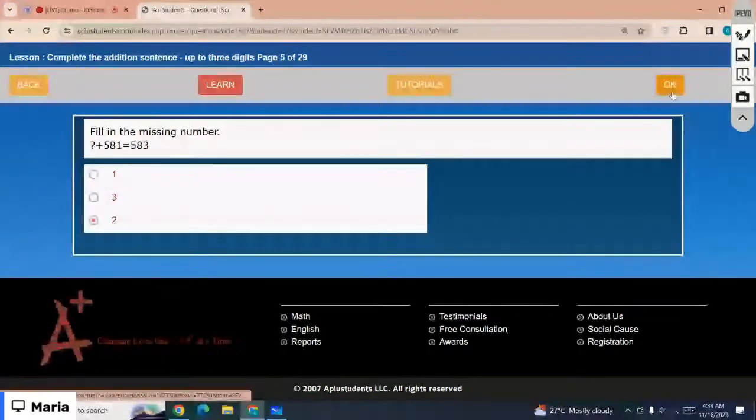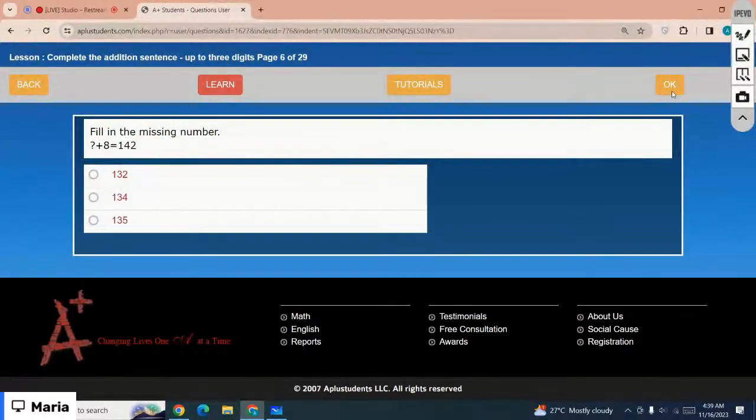Okay, the next one is the missing number plus 8 equals 142.